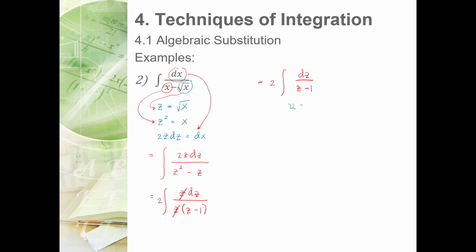This is the time that you're going to appreciate the other variable z. What I said earlier, there are some steps where you're going to use u sub as well. So for example, in this manner, u is equal to z minus 1, then getting the derivative, du is equal to dz.